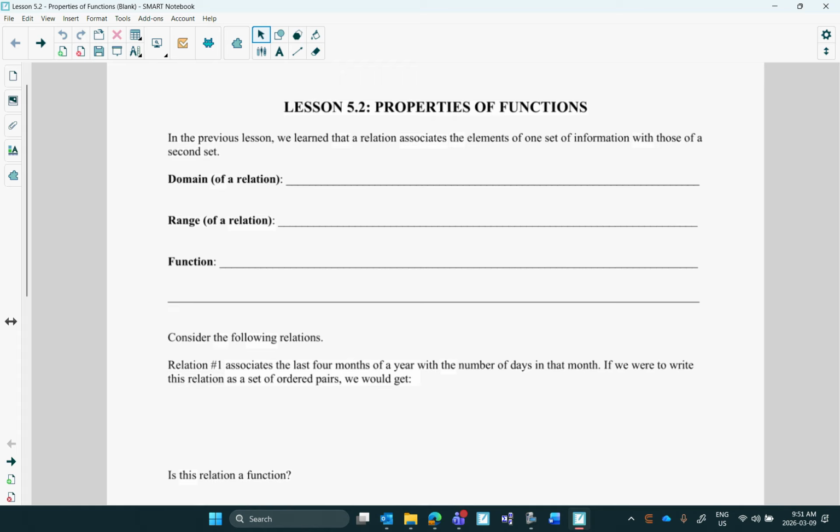When we talk about the domain of a relation, we are referring to all the elements in the first set of info.